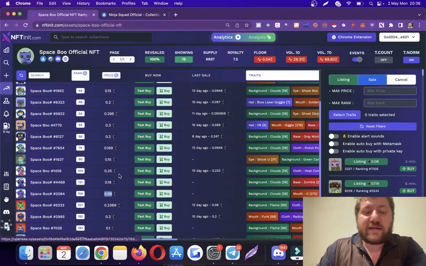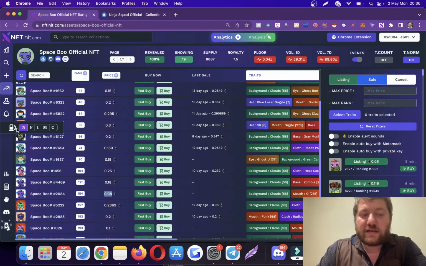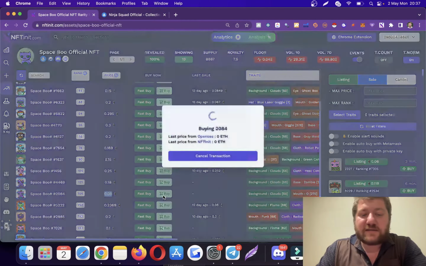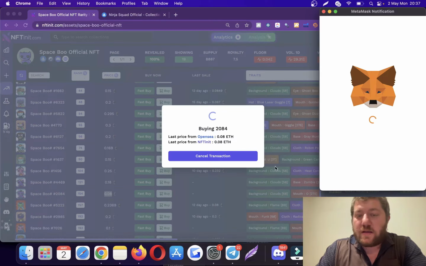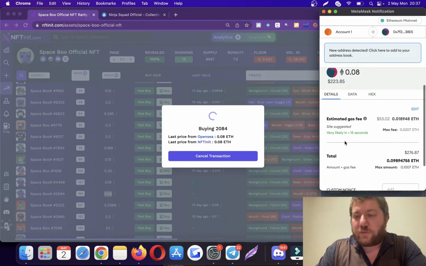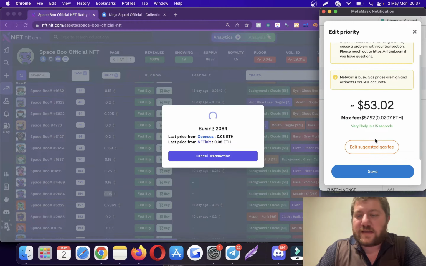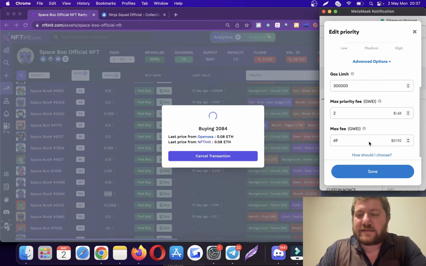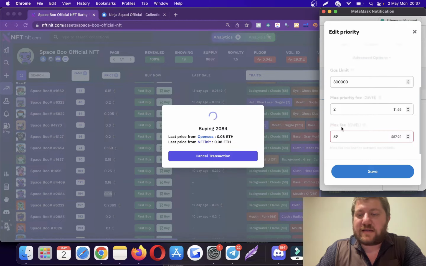So let's check what happens when we change the gas or leave it at normal. I'm pressing the buy button and the system pops up, and here the estimated gas fee is $53. If you go inside and edit the settings, you will see that the fee is around 69 and the priority fee is 2.